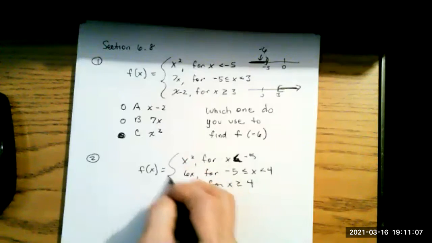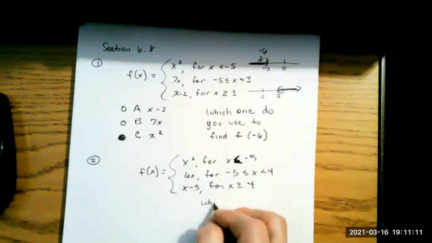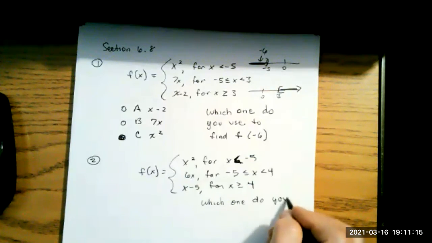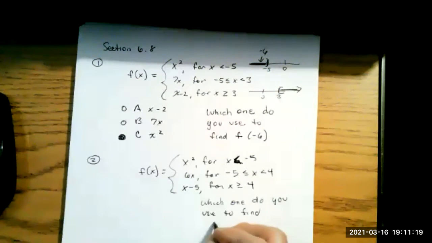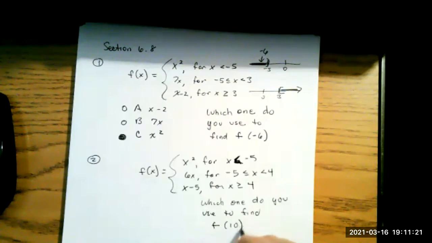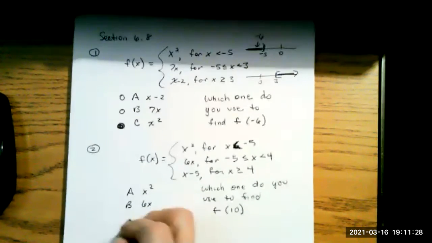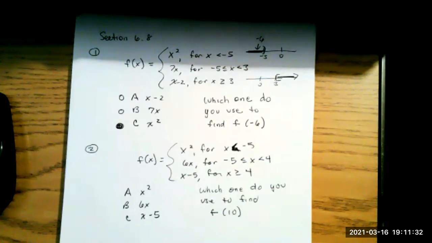All right, now, those are the 3 areas. Which one do you use to find f of 10? And they have choices. A is x squared, B is 6x, and C is x minus 5. So which one do I want if I was finding an x value of 10?